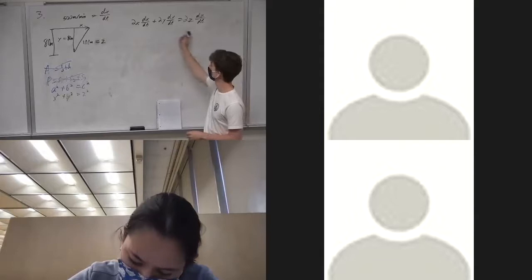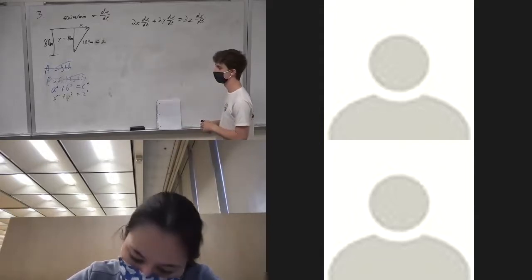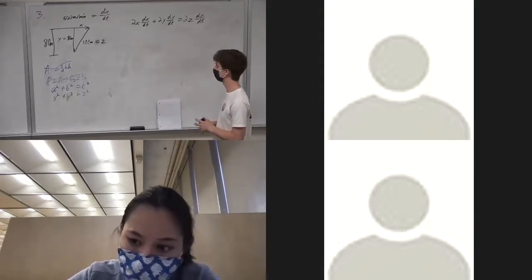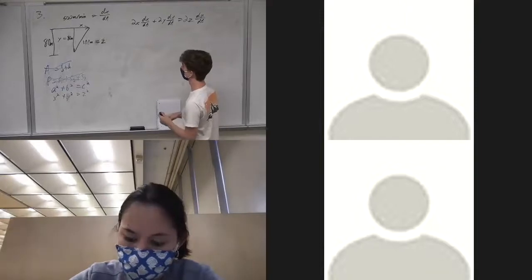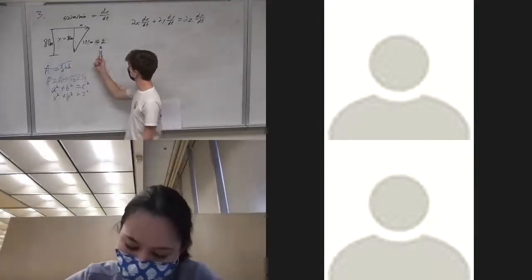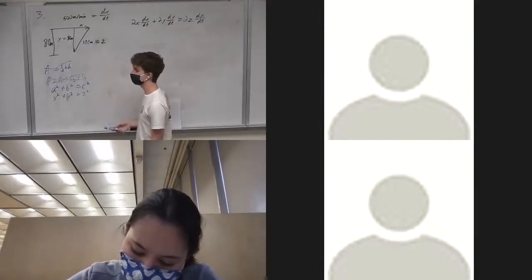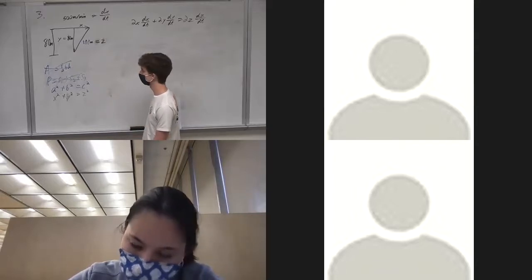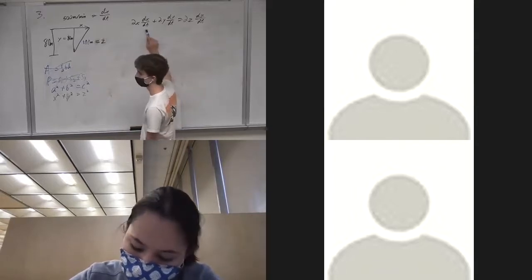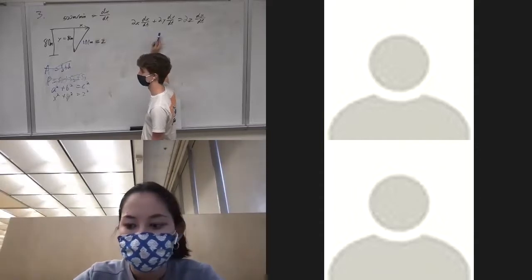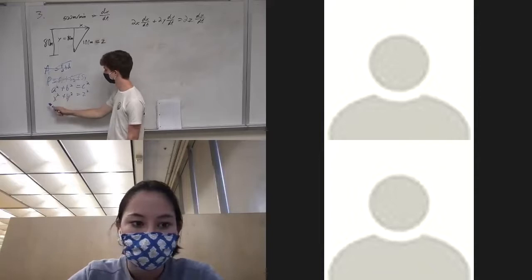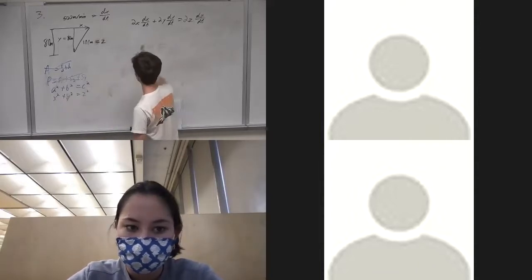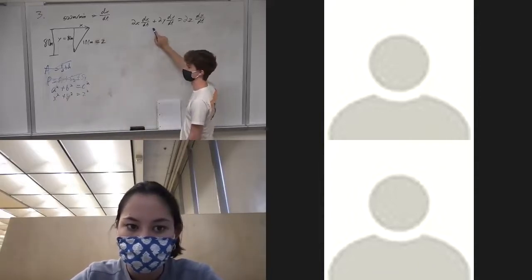Does what I've written up here at all make sense? Do you see how I've gotten that? Because each of these variables, x, y, and z, are all functions of time. So we're implying the chain rule: you have your x squared, you find 2x, and then you have to multiply it by its derivative again.